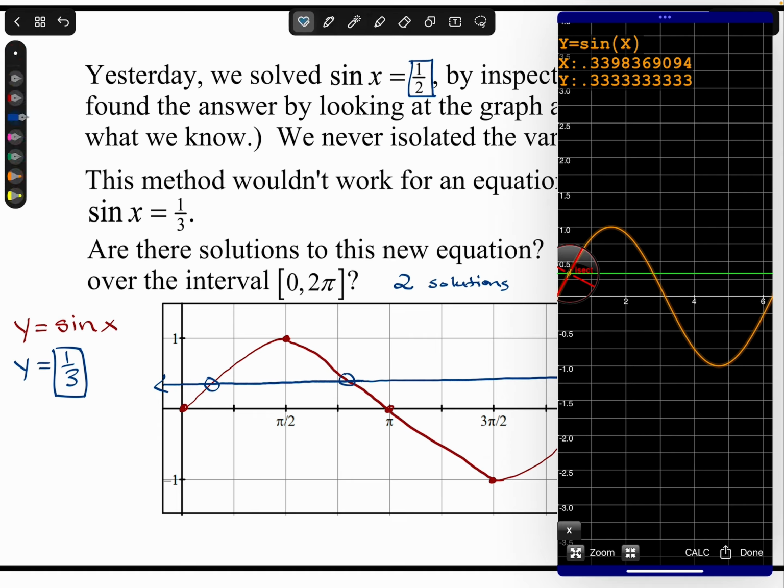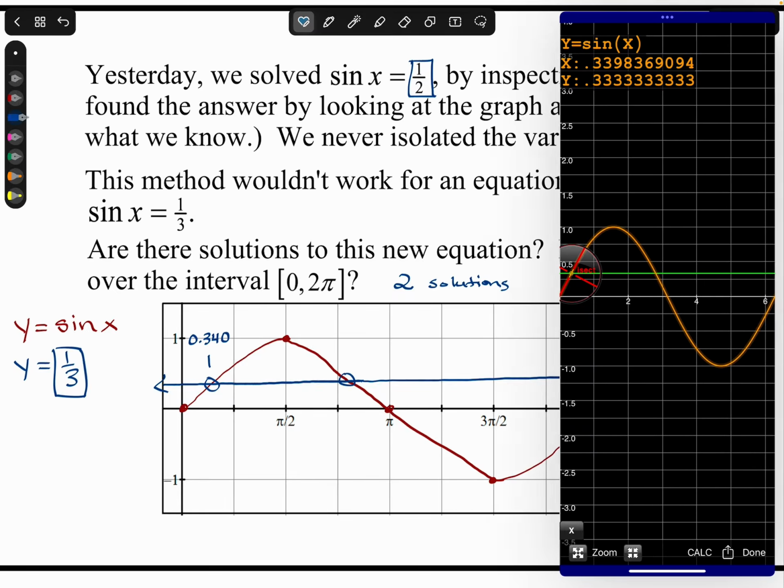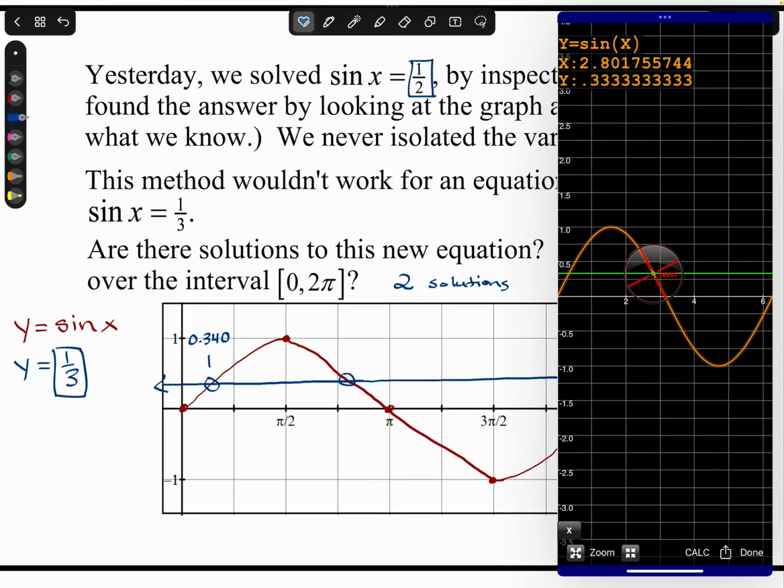Let's go ahead and record that. So this one right here would be 0.340. And then let's go over and look at the one on the other side there. That one looks like it is about 2.802. Remember, these are radians, right? So that's 0.340 radians.